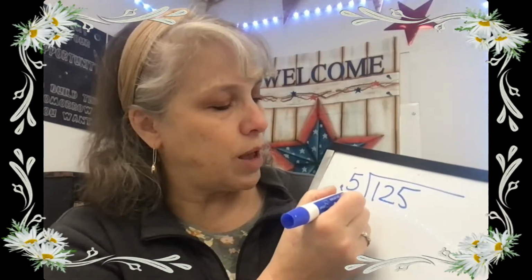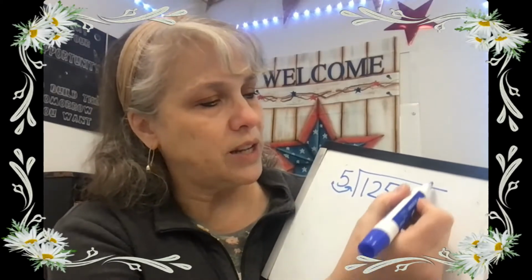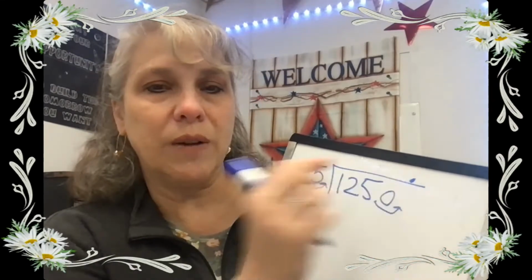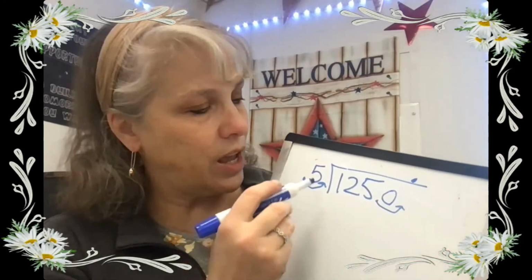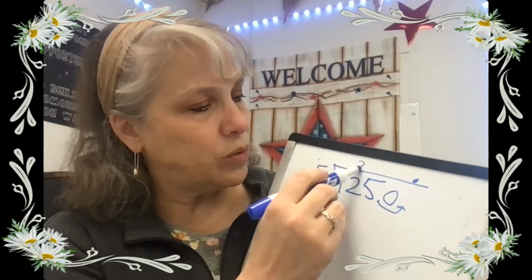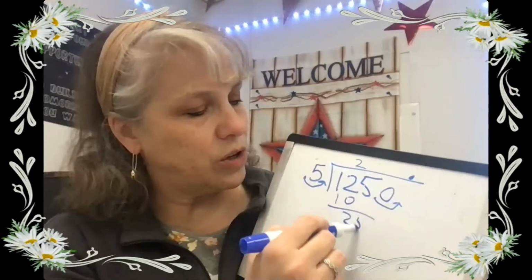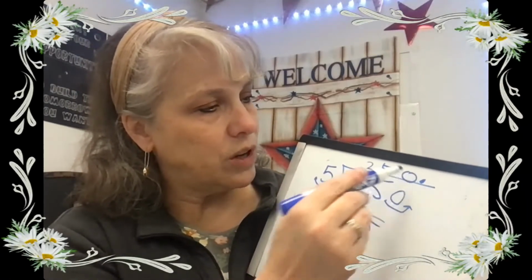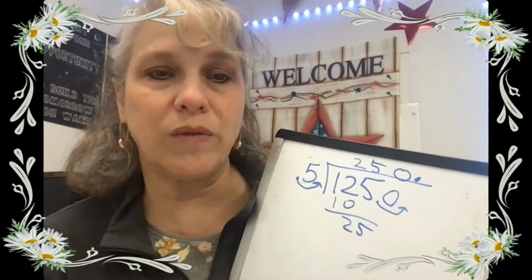So here I multiply by 10, and then I put a decimal here, multiply by 10. So my decimal point is going to be here in the quotient. Okay, so 5 goes into 12 twice. 5 goes into 25 5 times. 5 goes into 0 0 times. So my answer is 250.